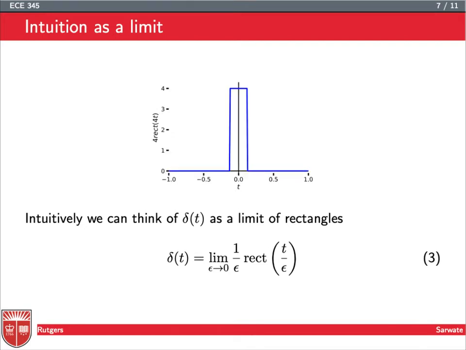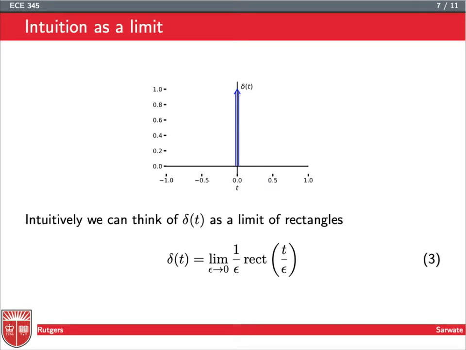Now it's total width a fourth and the height is 4, so it's still area 1. And now it's width 1/8 times a height of 8, so that's still equal to 1, and so on and so forth. You take the limit of all those, getting taller and taller rectangles, but narrower and narrower, and you get exactly the delta function. So that's what we mean by being a generalized function.